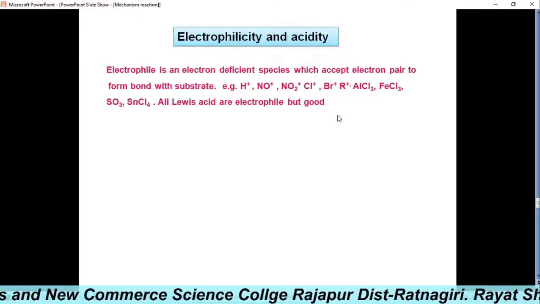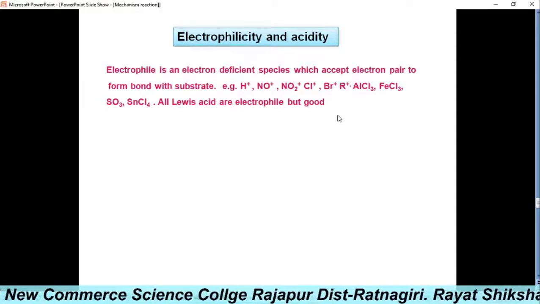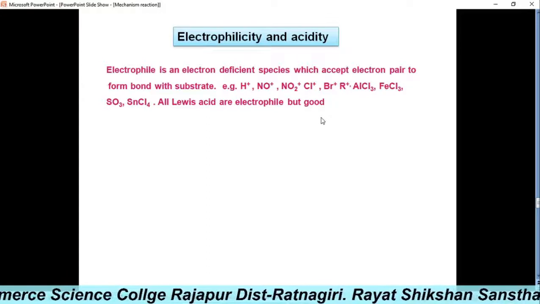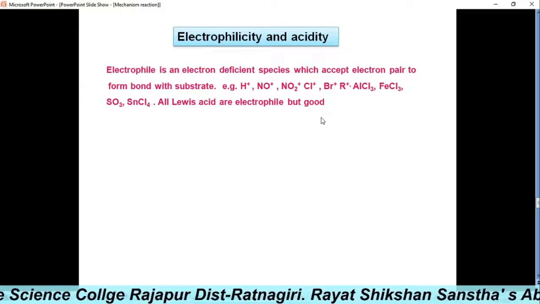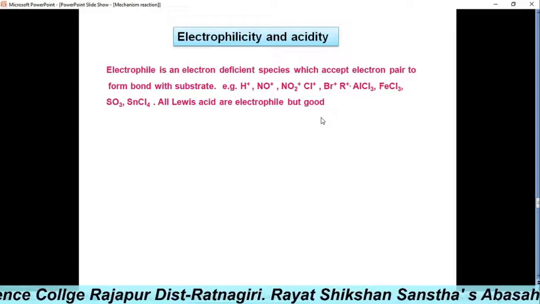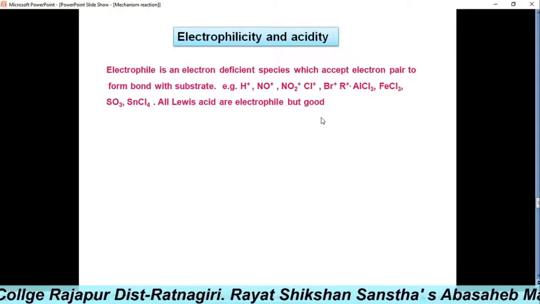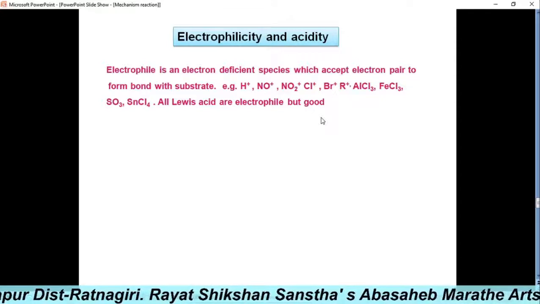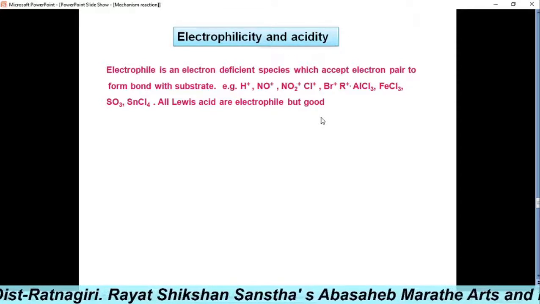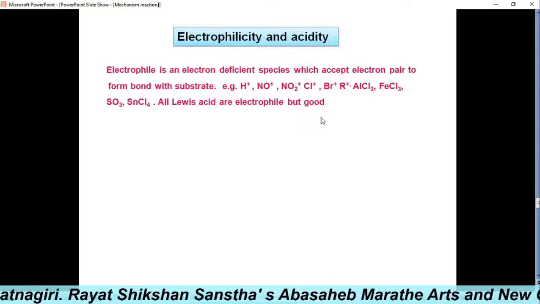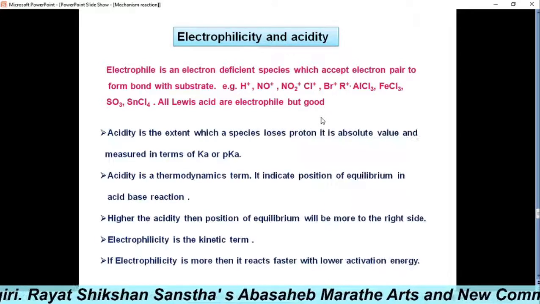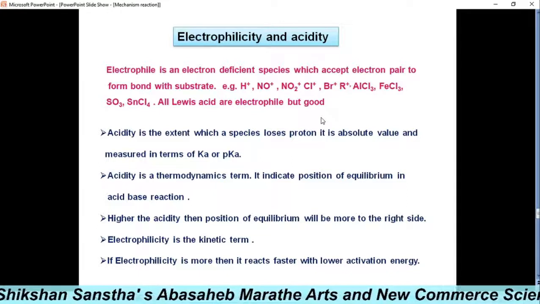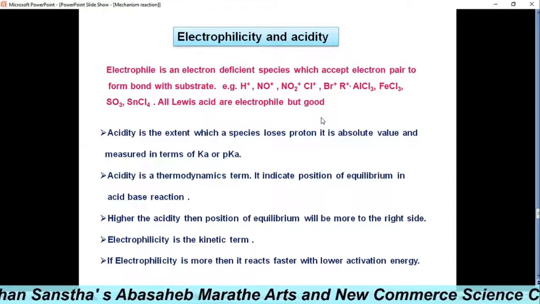But good acids may not be good electrophiles. We know that acidity is the extent to which a species loses protons, and it is measured in terms of Ka or pKa. Acidity is a thermodynamic term.